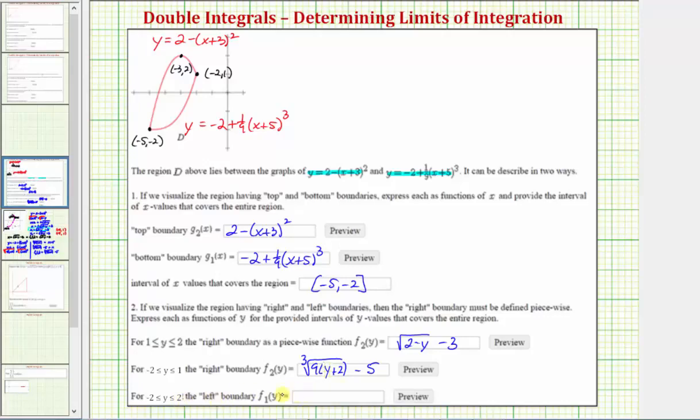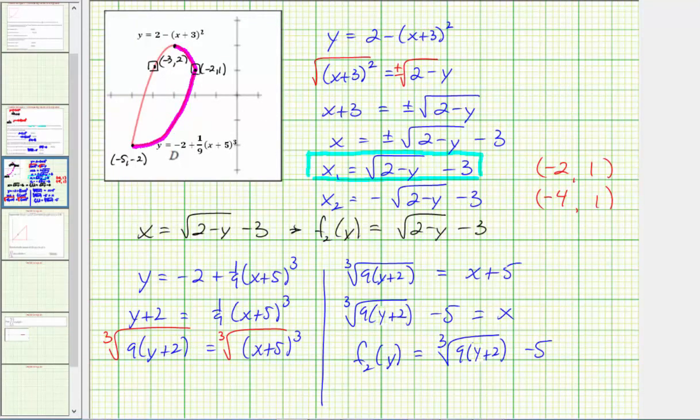And the last step is to define the left boundary when y is on the closed interval from negative 2 to 2. So notice how the left boundary is just along this one function here, which remember is the parabola, but now it's the left side of the parabola, which remember would be given by this equation here, x sub 2, because remember when y was 1, we determined that the x-coordinate would have to be negative 4 on the left side.